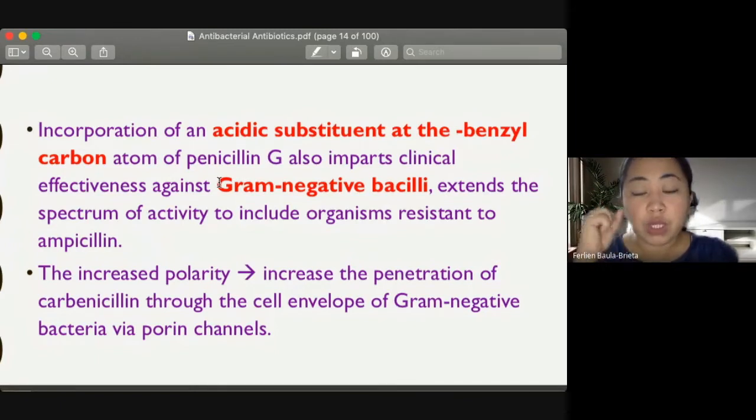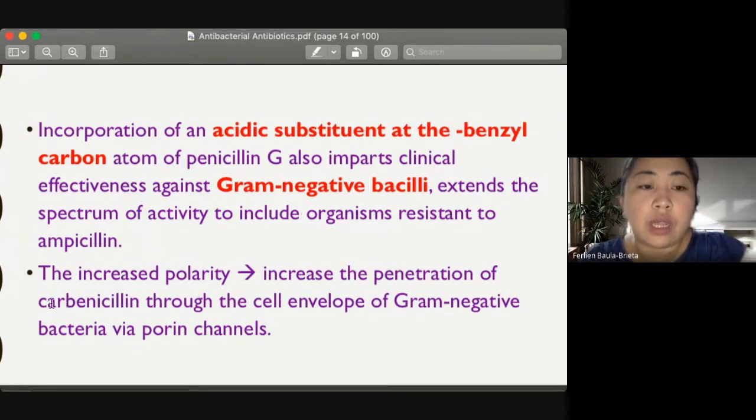The first one is the polar, the second one is the acidic component. Remember the principle in organic chemistry that if there is increased polarity of our drugs, we can have increased penetration because of the nature of the cell wall. So it will also allow increased penetration into the cell envelope of the gram-negative bacteria.